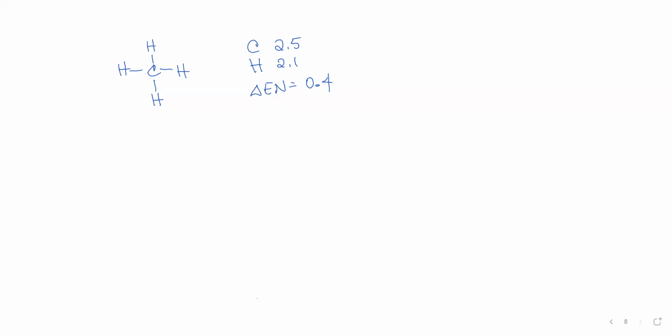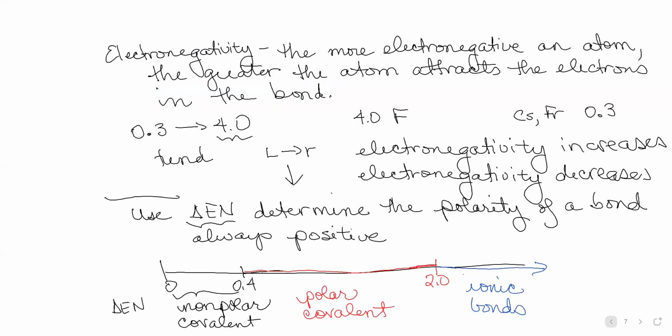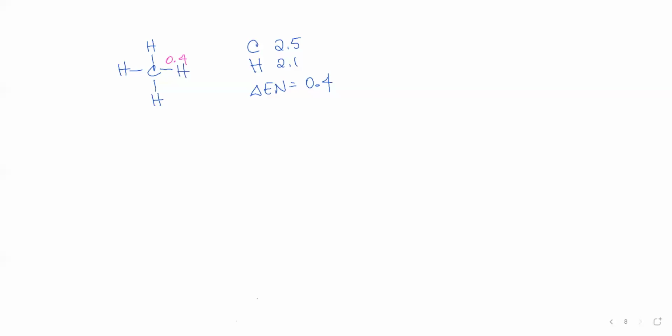It's not going to be the sum. So each bond here has an electronegativity difference of 0.4. And since we said 0.4 was going to be non-polar covalent, then we can say this is a non-polar molecule.